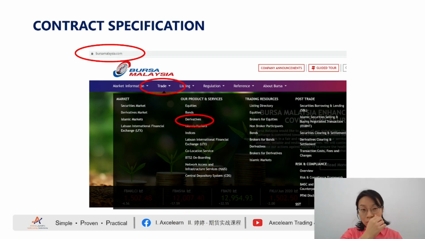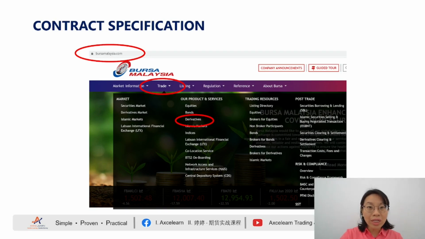I repeat, you go to bursamalaysia.com, click on trade, click on derivative, then you can get all the contract specifications, and they are available in different languages, for example in Bahasa Melayu, in Mandarin, and in English as well. If you're familiar with any of the languages, you can check it out in that language. They did a translation for different languages as well.